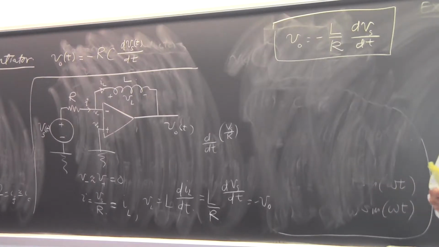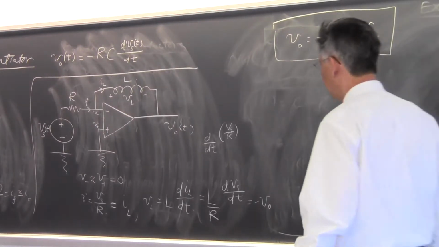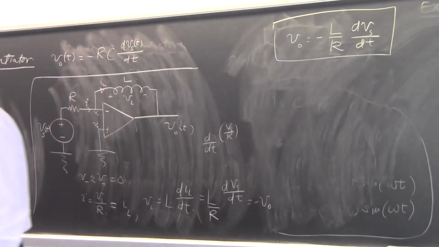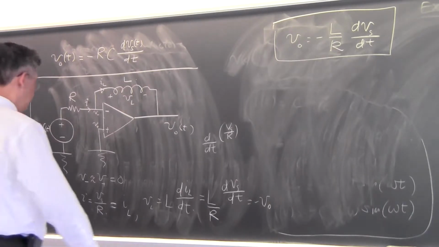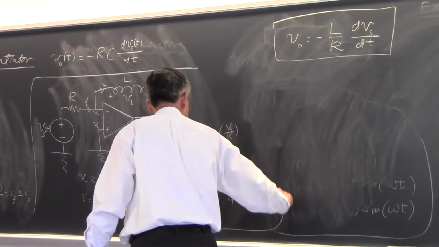Are there any questions so far regarding differentiator circuits? Explain the relation between VL and VO again. Why are they opposite?